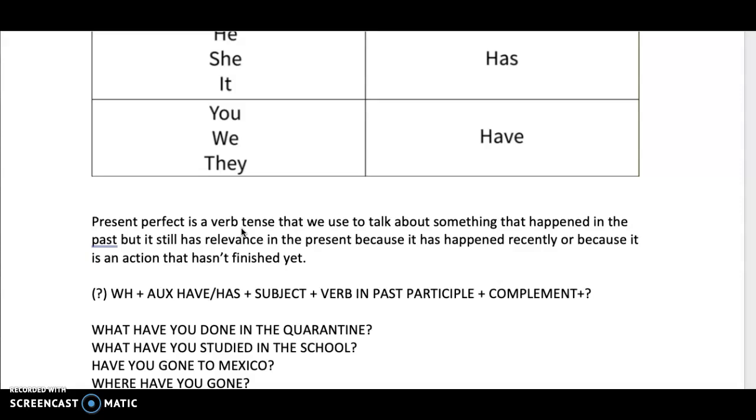Okay? Remember, utilizamos presente perfecto para hablar de actividades que recientemente pasaron o para hablar de actividades que aún no han terminado. Okay? So these are the structures for you to communicate in questions, affirmative, and negative sentences.